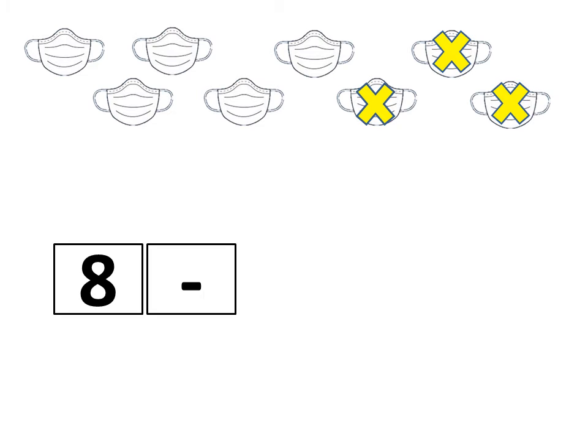Let us count the total number of the face masks. Very good. They are 8. And we are going to remove how many face masks? Let's count. 1, 2, 3. 3 face masks.